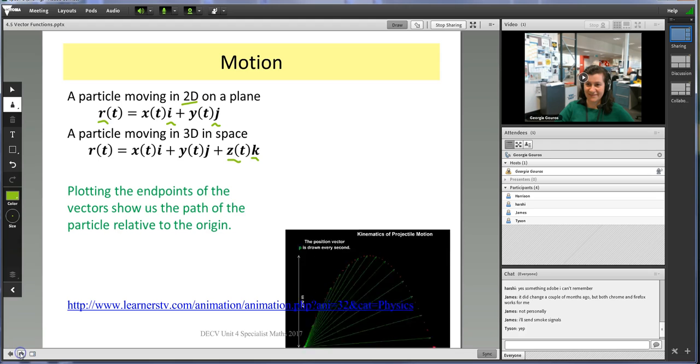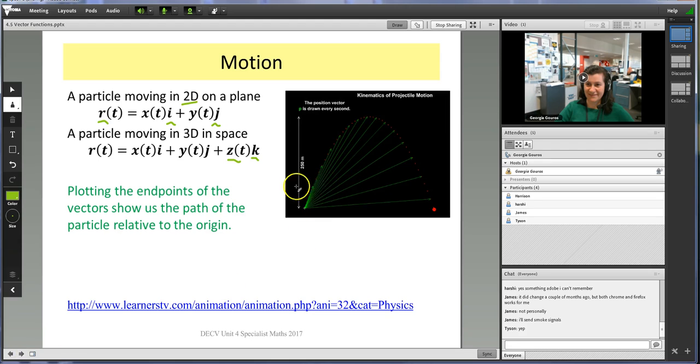So what does this actually look like? This is a 2D simulation. At various points in time, the vector is moving through space, right? This object, if it's defined by this vector, is moving through space, and we can see where it is at any time. So here it is at time equals, I don't know, 15, whatever.